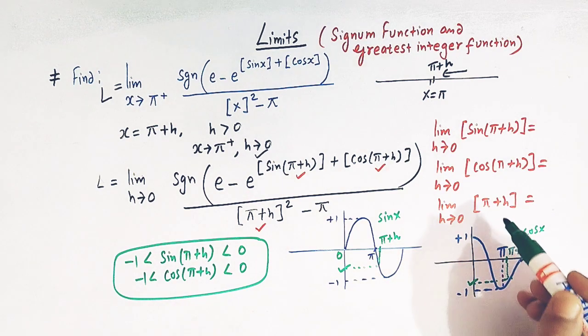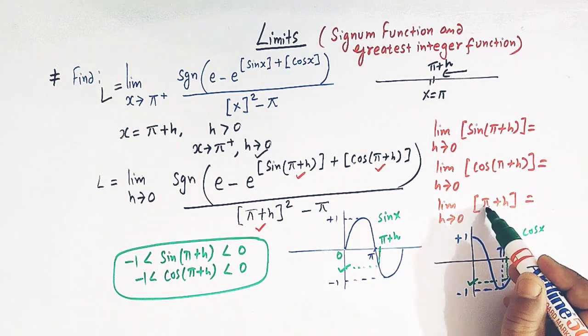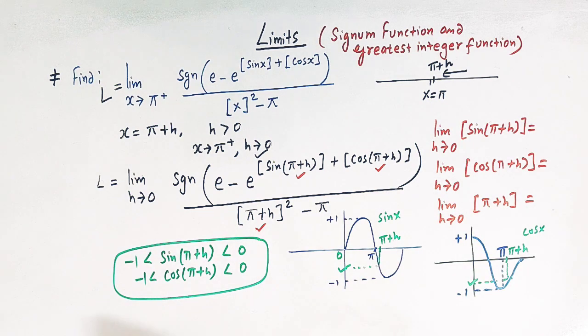And moreover, here we have the greatest integer of pi plus h, right? So we know that the approximate value of pi is 3.14, right?